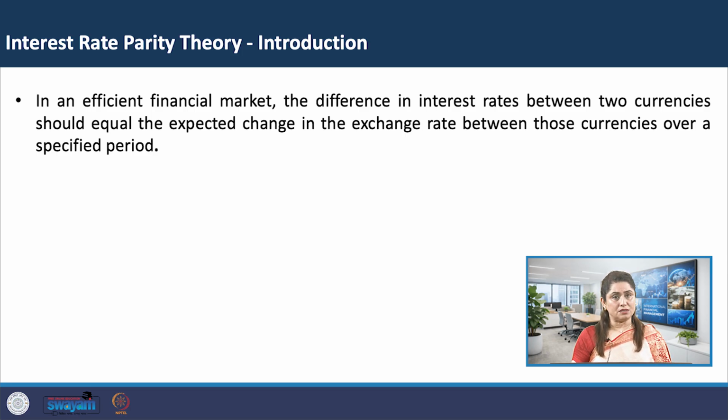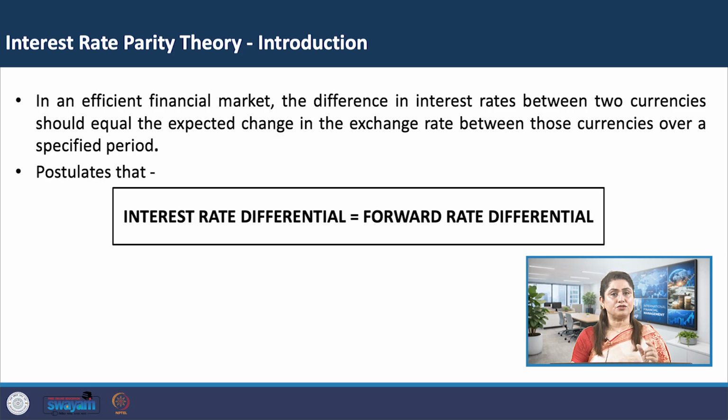In other words, if the US offers a higher interest rate than the UK, the advantage should be exactly offset by the expected movement in the exchange rate. The dollar, which attracted capital because of its higher interest rate, should be expected to depreciate relative to the pound by roughly the same amount as the interest rate advantage.